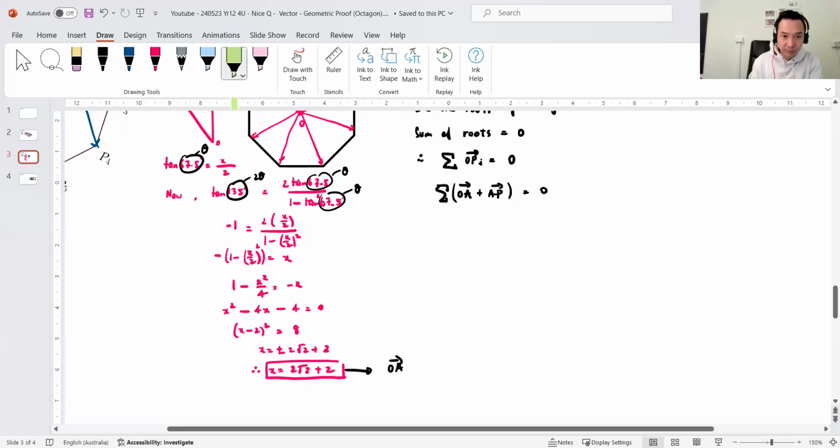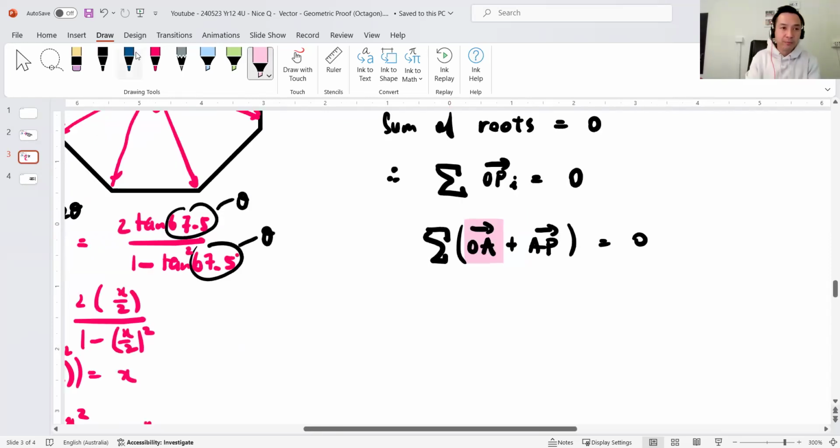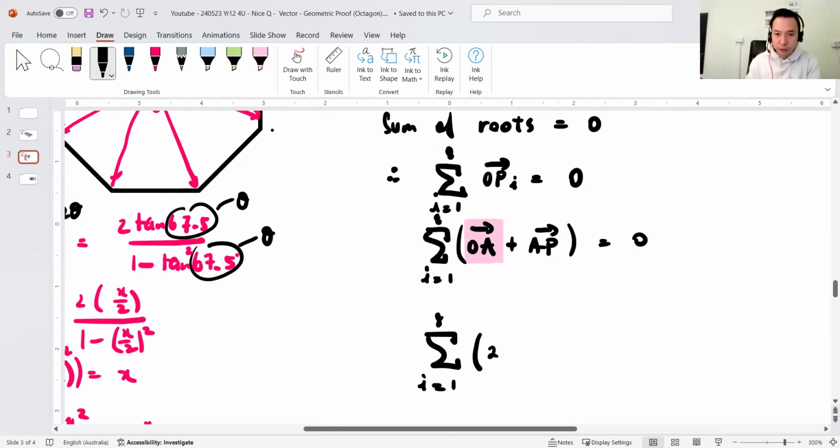So I'm going to put this guy into here. When I say sum, I mean from i equals 1 all the way to 8. So sum from i equals 1 to 8 of this guy. This is a constant, and it equals 2 root 2 plus 2, plus the sum of 8 APi.